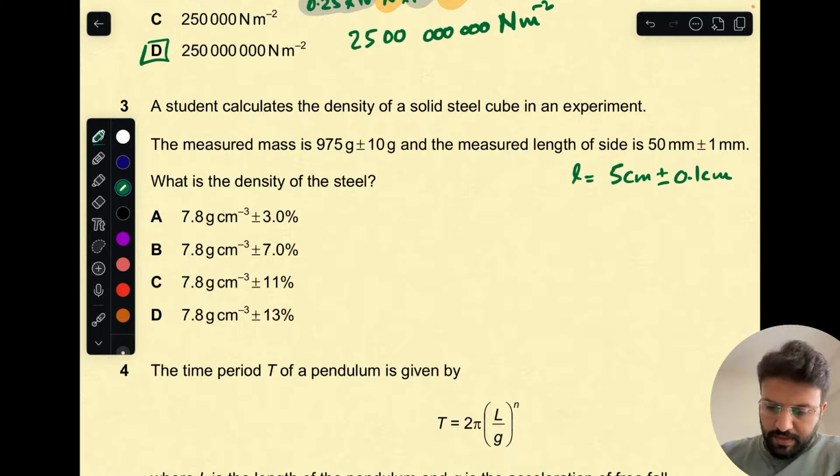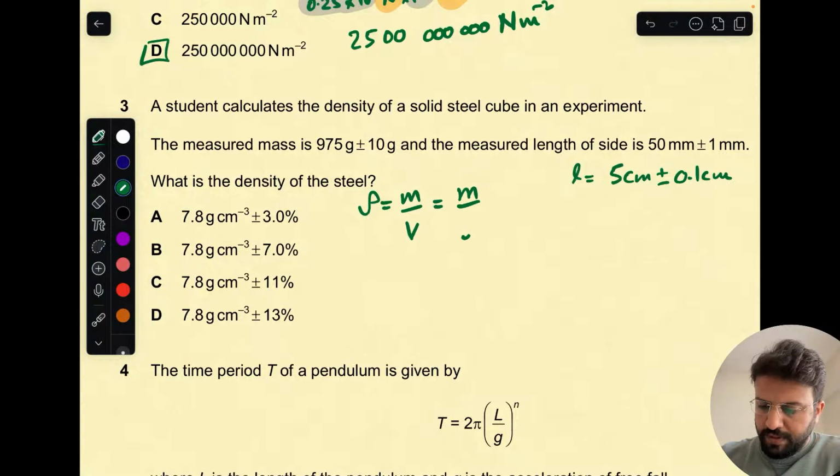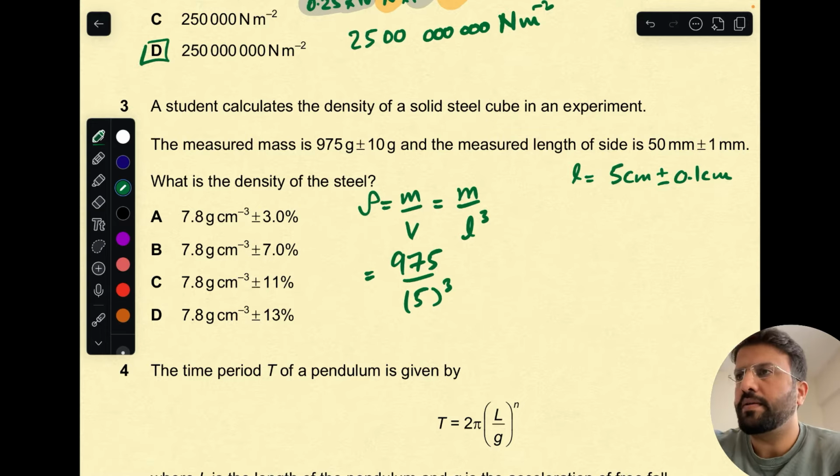Okay, so density is mass per unit volume and the volume of a cube is L cube. So when you put the values here, mass is 975 divided by 5 cube. Let me calculate this.